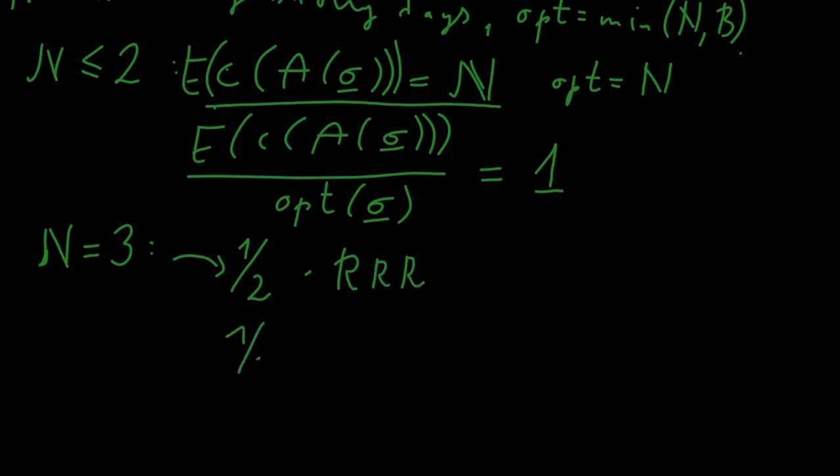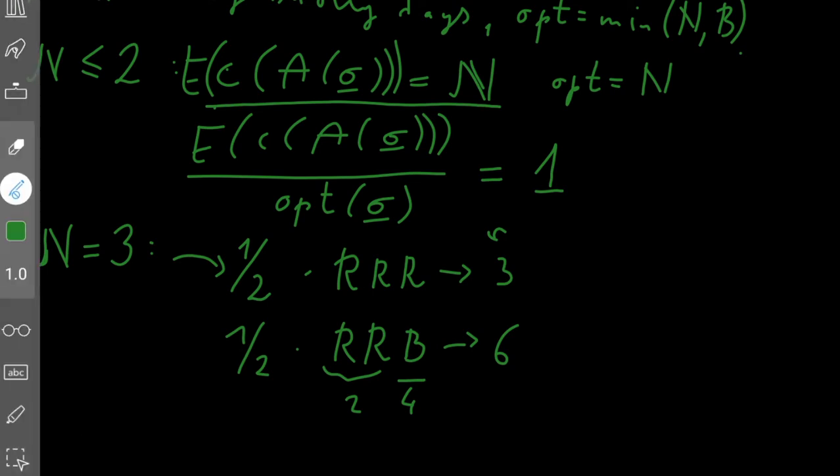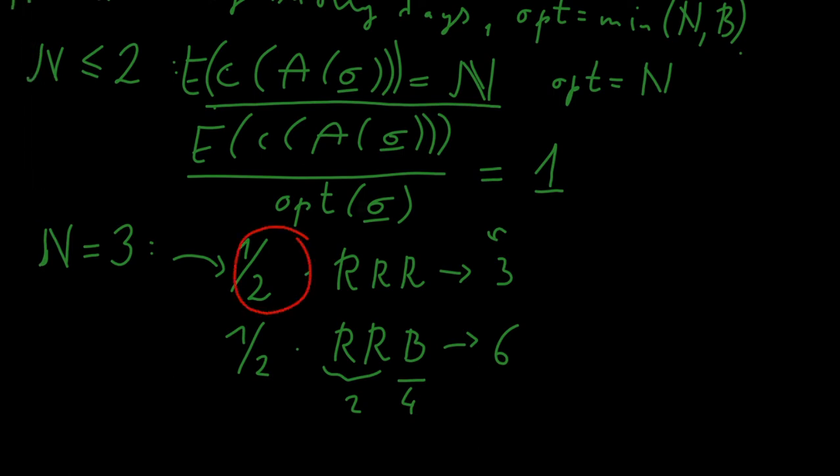And with 1/2 probability, we will just rent for the first 2 days, and then we will buy the ski. Now here the cost is 3. Here the cost is 4 plus 2, so it's 6. And then the expected value is of course 1/2 times 3 plus 1/2 times 6.